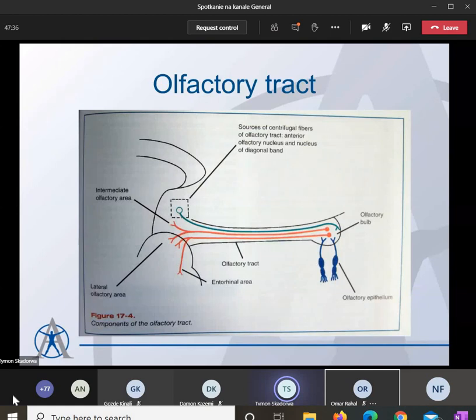Now, I said to you that the olfactory tract does not cross. This may not be entirely true, but if we have the olfactory epithelium somewhere here, then the olfactory nerves enter the olfactory bulb. From here, we have different types of fibers. Some of these fibers, with the lateral olfactory stria, enter the uncus, where the cortical centers for olfaction are located.